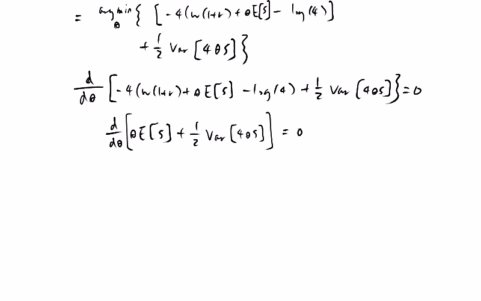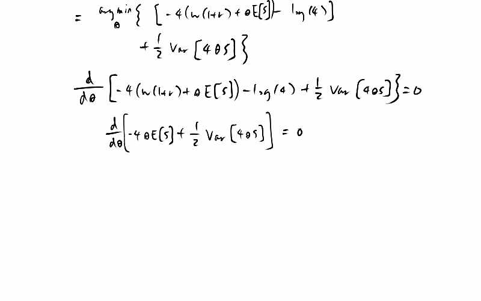Let me make sure I have all the signs correct. I think the -4. There's a bracket here. So there's a -4 here. Yeah, there's a -4 here. Yes. So I have to be very careful. Negative, yeah. Okay.